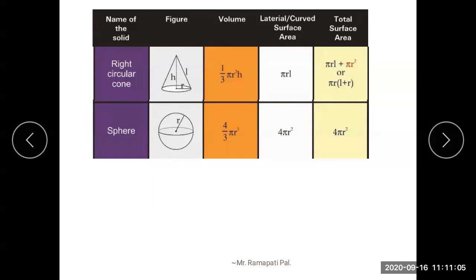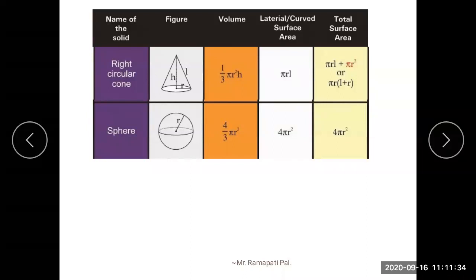Let's see what a sphere is. I told you, see the diagram. In that we are going to see surface area and volume, because for a sphere only the surface area is there. That is the total surface area and that is the curved surface area, same.